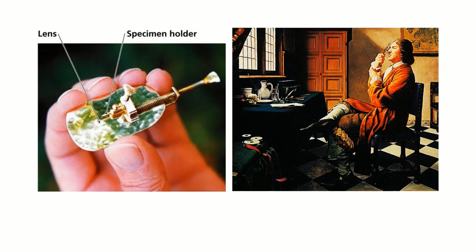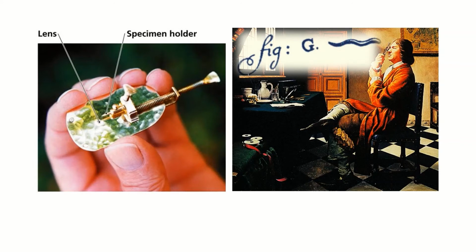And he observed, as I mentioned a while ago, the first living cells that were seen by man. So including cells from the build-up on his teeth, from blood, and from pond water. And he also drew them.